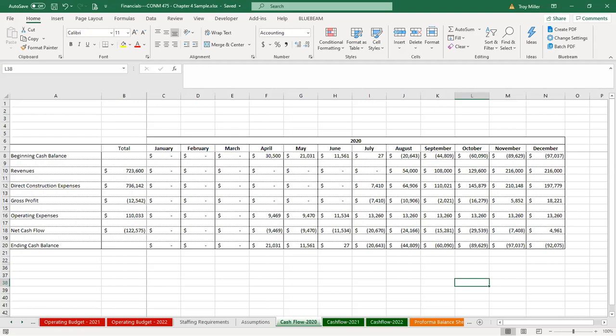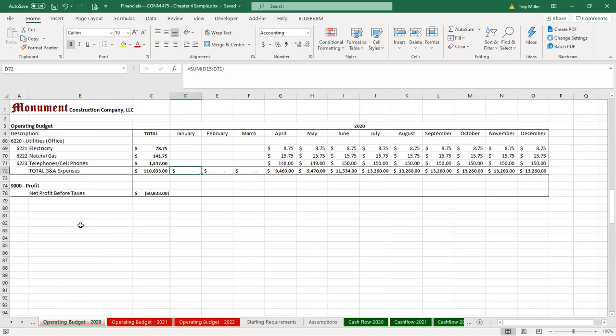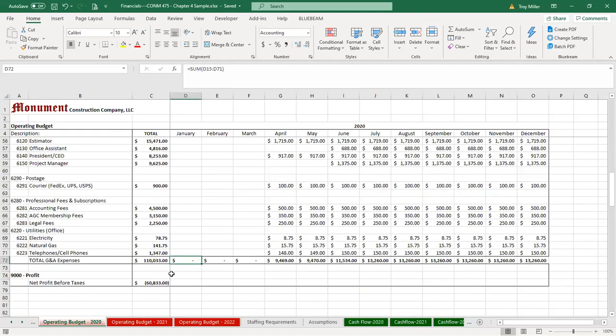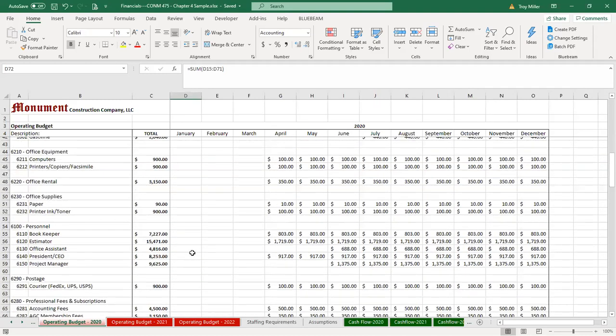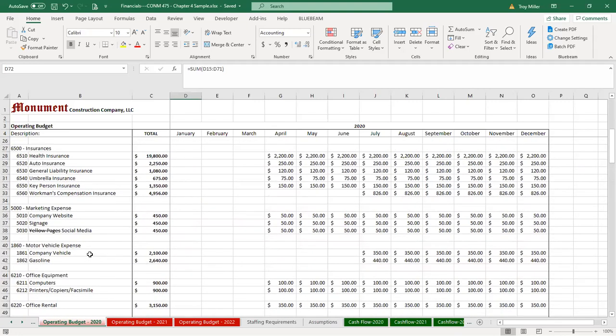I have a question in regards to the operating budget. For the chart of accounts, for 6,000, the general and administrative expense, you added some of the vehicle into that, but it's like number 1200 or something. I've got one under 1861.